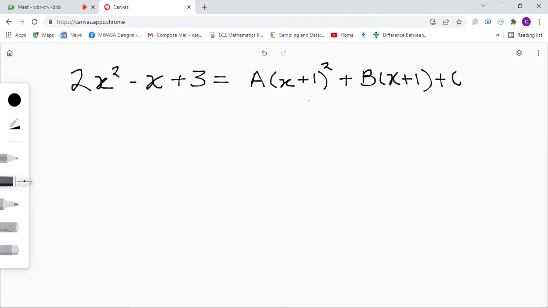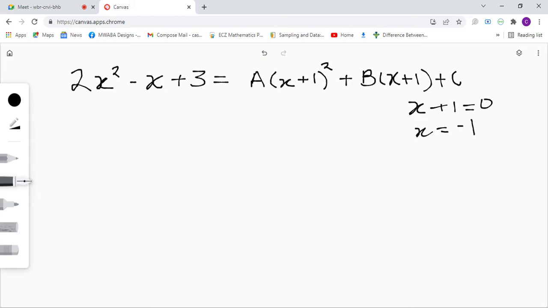The critical value is the value that, when we input it into this expression here, will get rid of most of the variables. So from here we can say x plus 1 equals 0, therefore x equals -1.